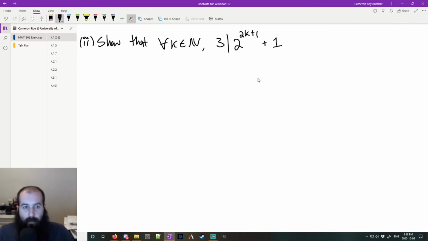Part 2 is a similar exercise. We're to show that for all natural numbers k, the expression 2 to the exponent of 2k plus 1 plus 1 is divisible by 3. So our proof will be by induction.